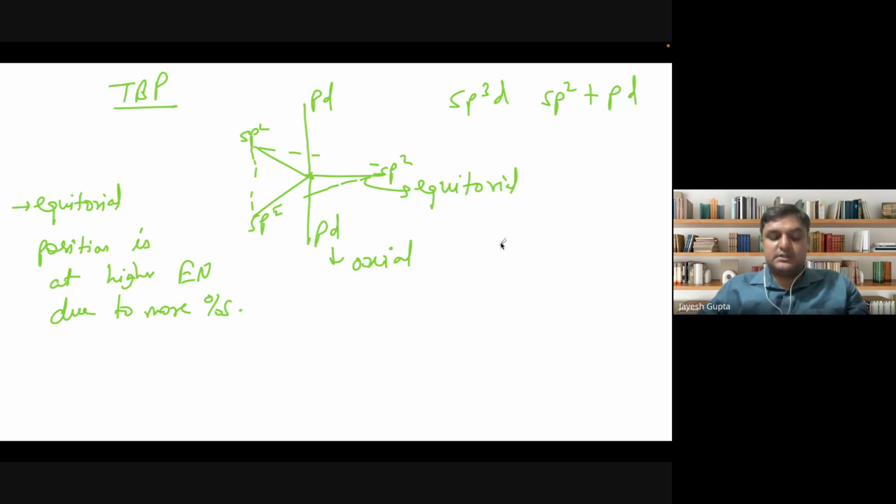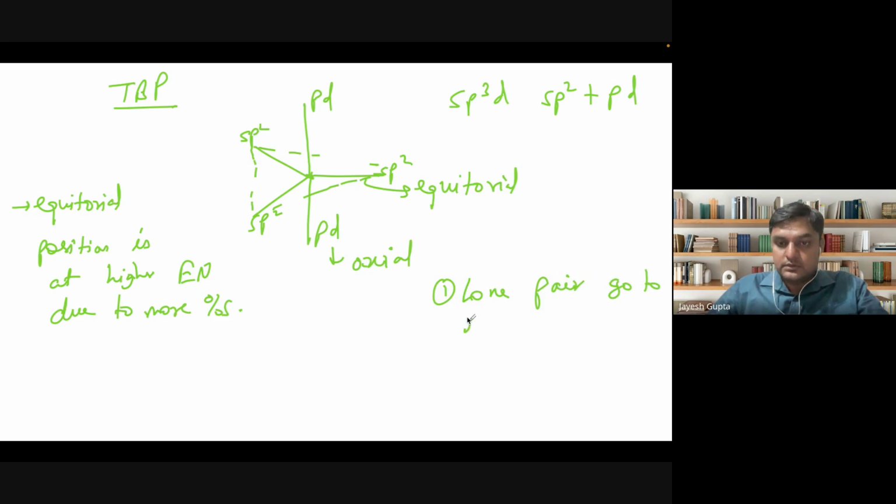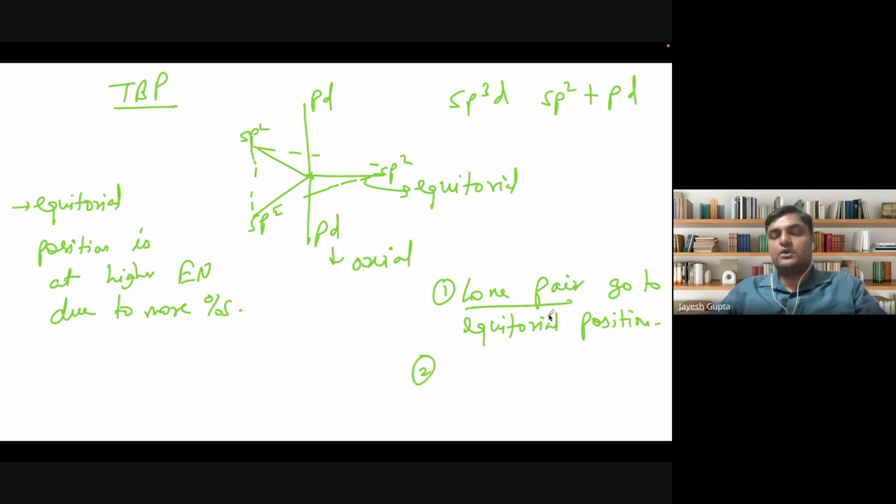So whenever a lone pair is coming, that lone pair will be attracted by the more electronegative position, that is equatorial. So the first point is that lone pairs go to the equatorial position.